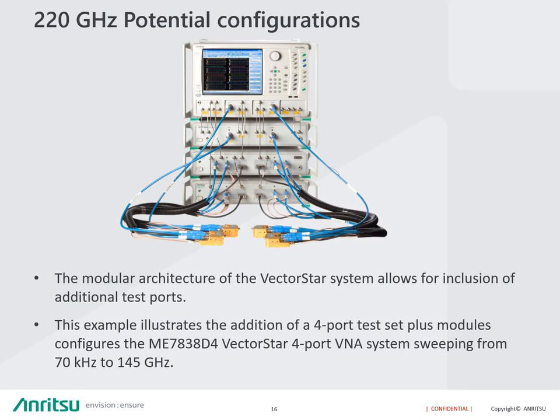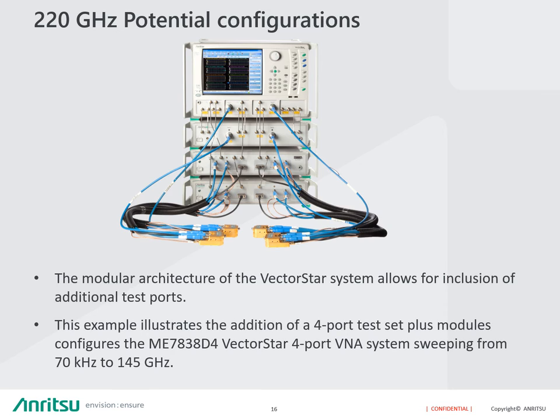The VectorStar broadband system uses a modular architecture that allows for increasing the number of ports. For example, you could start off with a 2-port 110 system, and by adding a multi-port test set plus the additional modules, you can reconfigure for a 4-port broadband system.